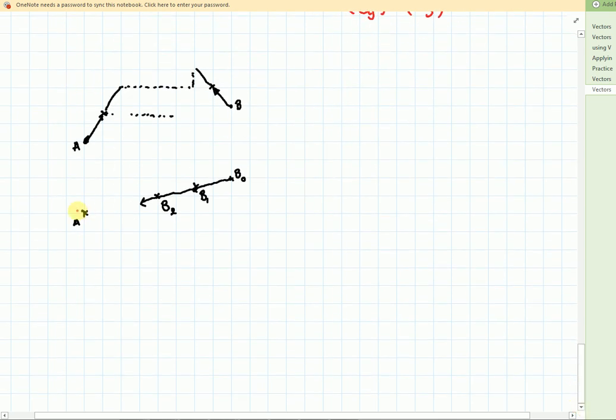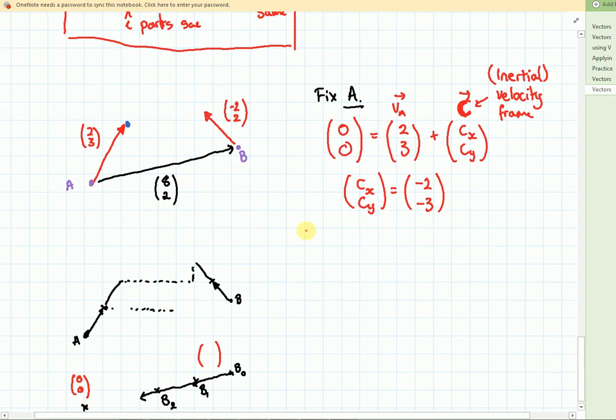Effectively, what we're doing is turning this into a velocity vector of 0, 0, and this velocity is going to be a new velocity for B. So that was the velocity of A. Let's not do dash because that's differentiation. Let's do A dot.